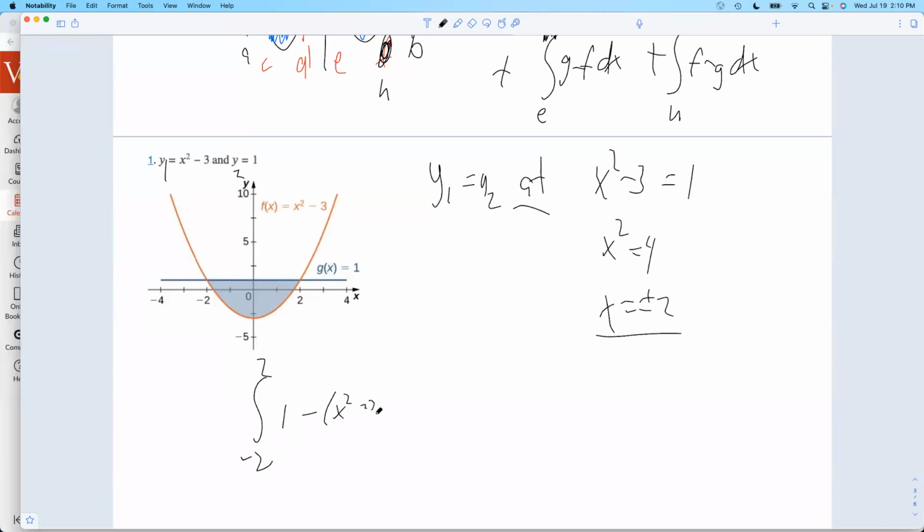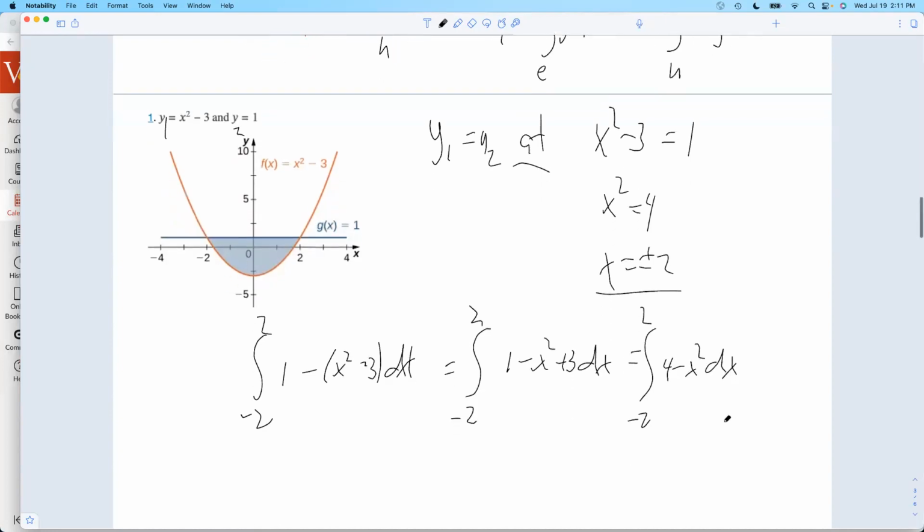Don't forget your parentheses here. So I would distribute that negative there, get 1 minus x squared plus 3 dx. And then I would add my like terms together. I think that's 4 minus x squared dx.